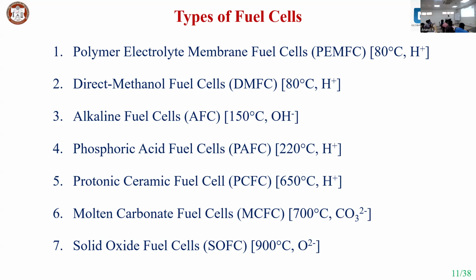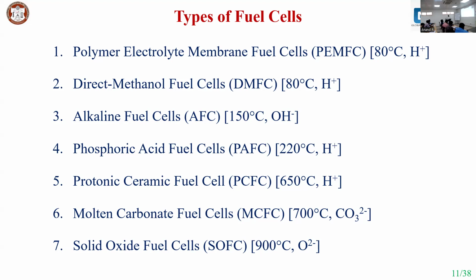Alkaline fuel cell, operating temperature 150 degrees. Phosphoric acid fuel cells, 220 degrees. Protonic ceramic fuel cell, operating temperature 650 degrees. Molten carbonate fuel cell, 700 degrees. Solid oxide fuel cell, 900.